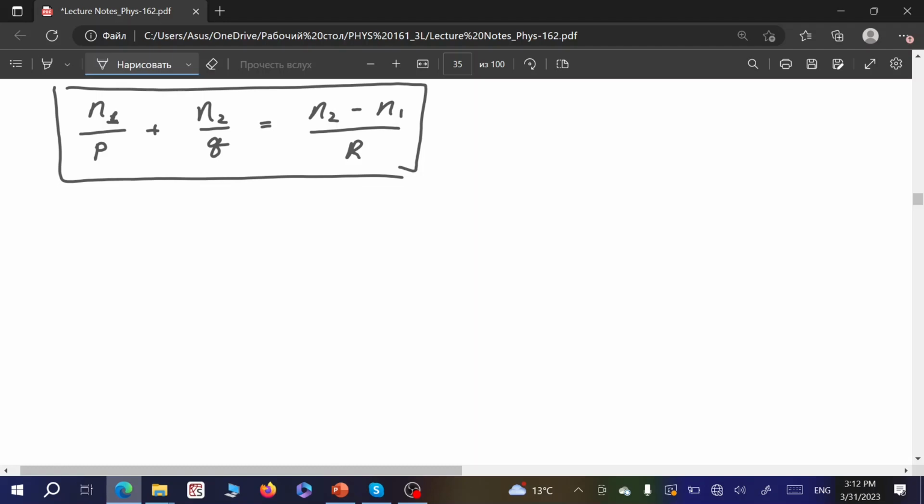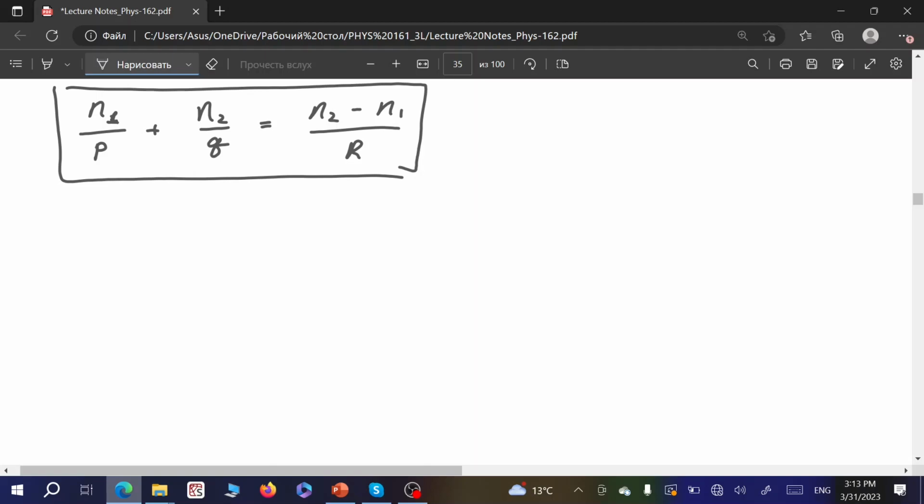So there are two interfaces, and obviously both of them will contribute towards the image formation. So we need to analyze image formation by the first curvature, consider the image of the first curvature as an object for the second curvature, and then we will get the final image created by a classical lens.